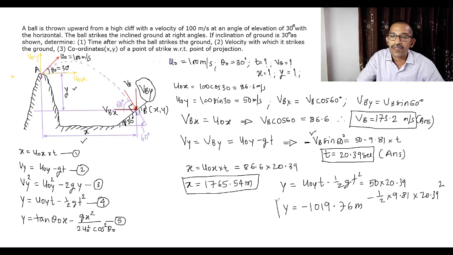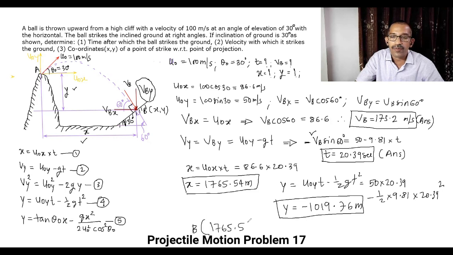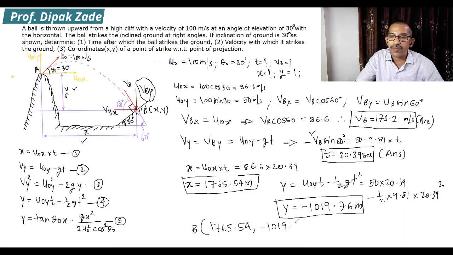That means what you are reading, x and y. The negative answer of y represents that the final position is below the initial position, and what you are getting here is the same thing. That means the coordinates of point B, as a final answer, you may write as 1765.54 and minus 1019.76 meters. This is our last answer. Thank you.